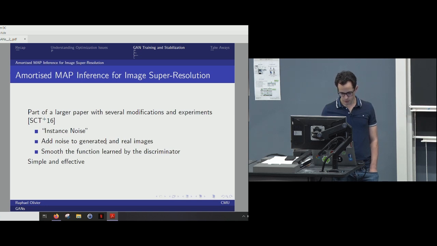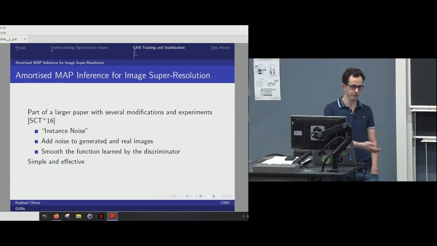This paper does something extremely simple, kind of like the Dragon paper. They just want to add noise, but this time on the instances. Whenever you generate an image, you just add a bit of noise to it.